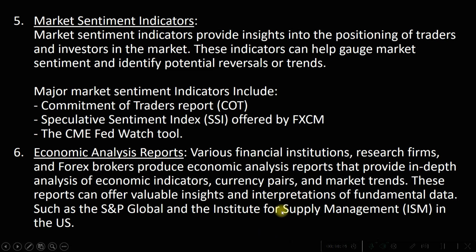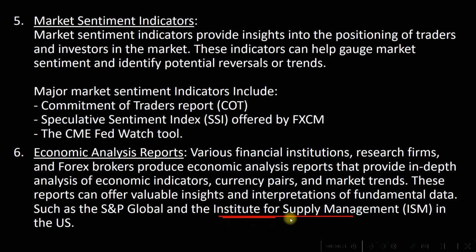But something like the ISM, this now is the Institute for Supply Management, the PMIs, Purchasing Managers Index, both for the manufacturing and services sector. These are leading economic indicators that are provided by private firms. The ISM is not a government organization.